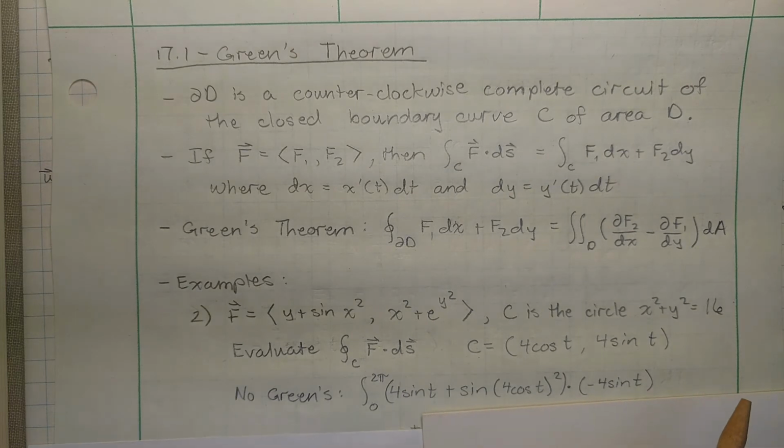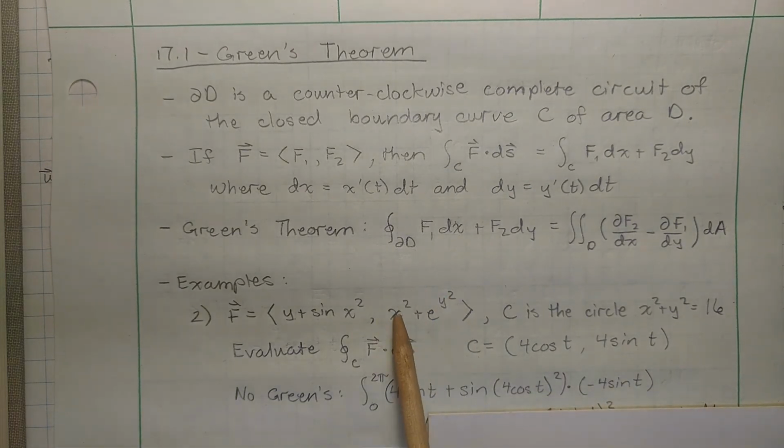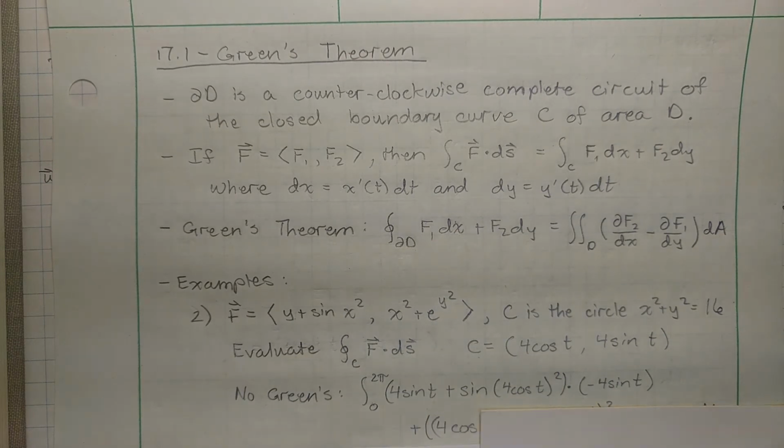Plus, and now I have to fill in this here, so for my x I go 4 cosine t, that's all squared, and then it's added to the y, what goes in for the y is the 4 sine t, that is squared right there, and that's multiplied by the derivative of this y component here, dt.